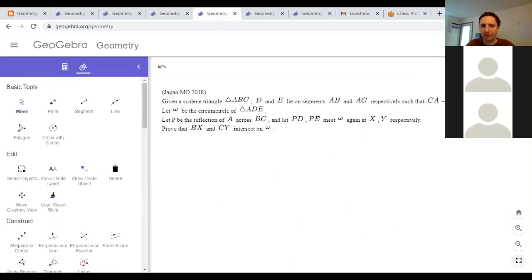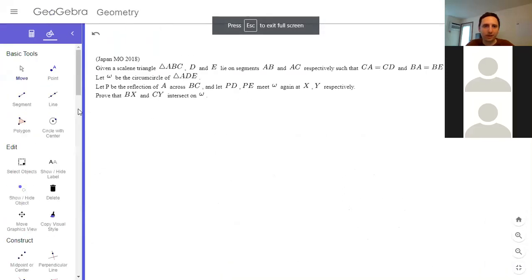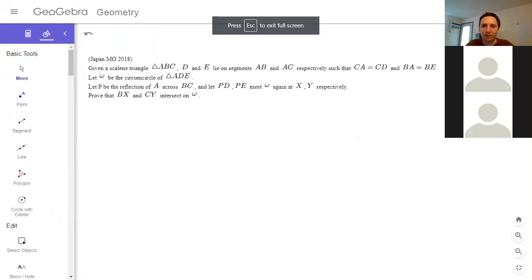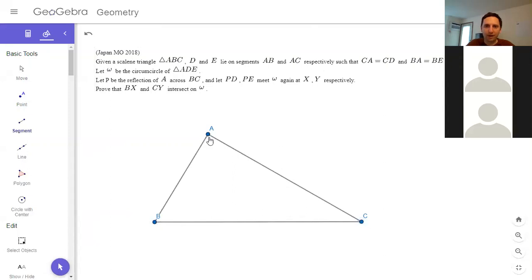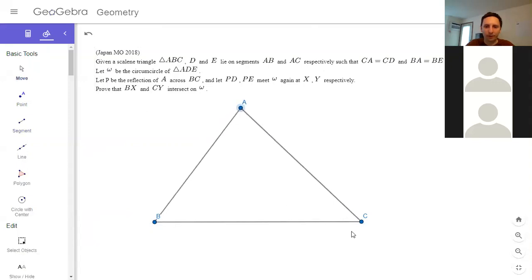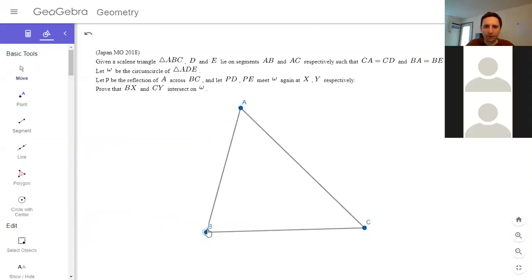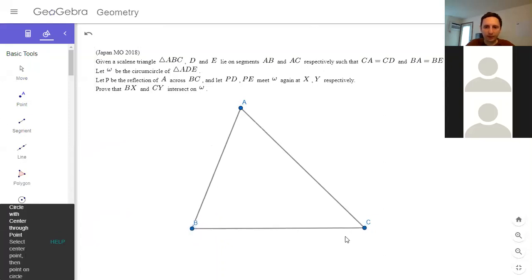This is our fourth one already. So we have a scalene triangle. This is another one with equal segments. This is 2018. So we have a triangle ABC. Okay, so this time we want to do it a little differently. So CA is equal to CB and BA is equal to BE.